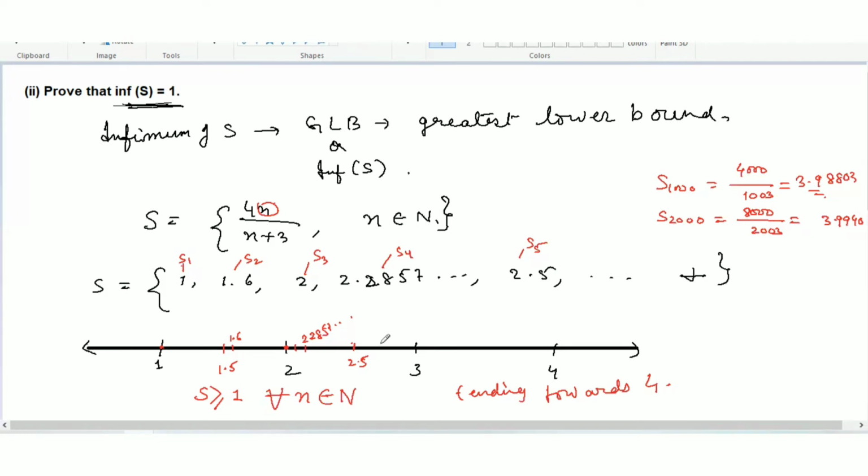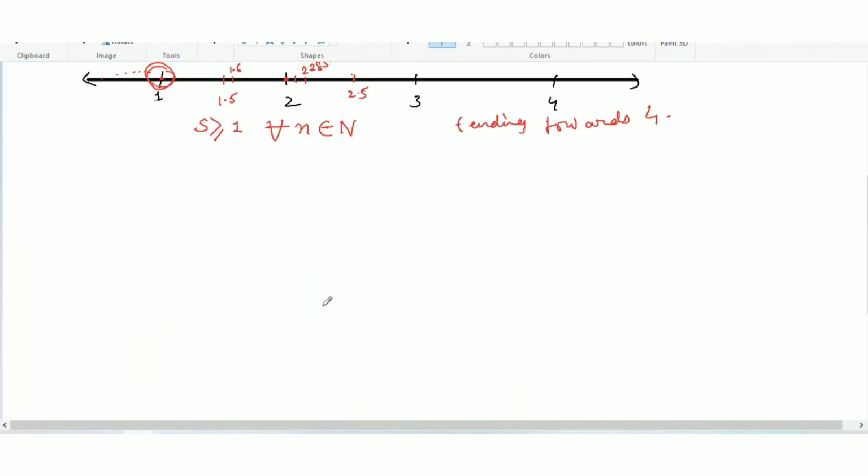So we can say that the infimum of S is 1 here. This is the greatest lower bound of the set S. So here we can say that the infimum of S is equal to 1.